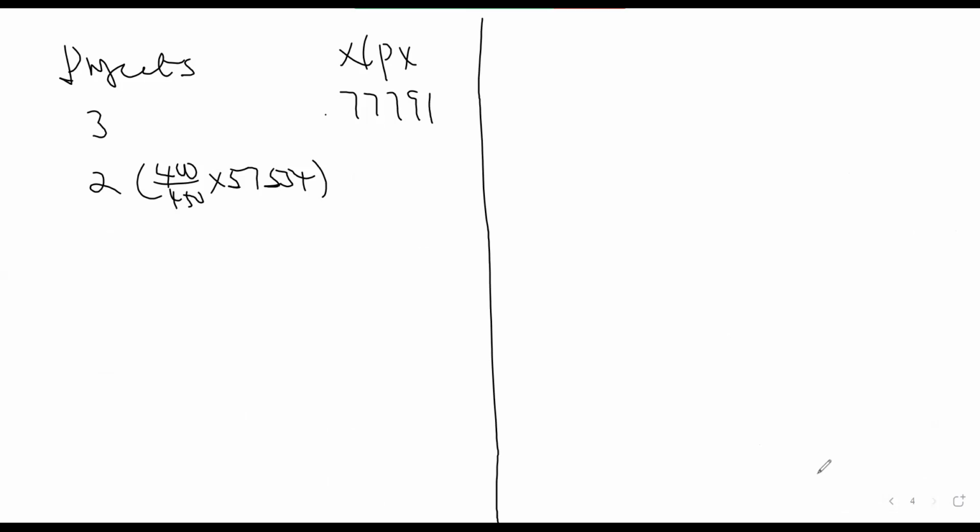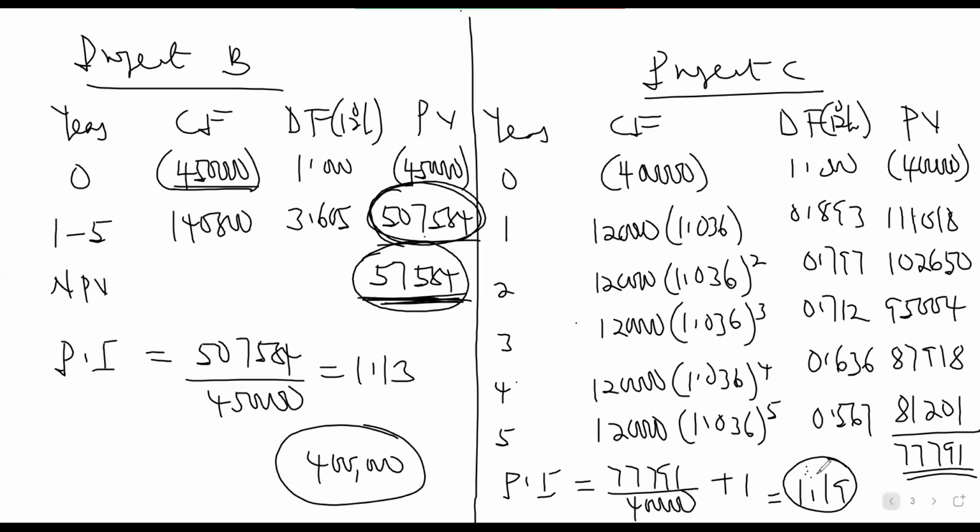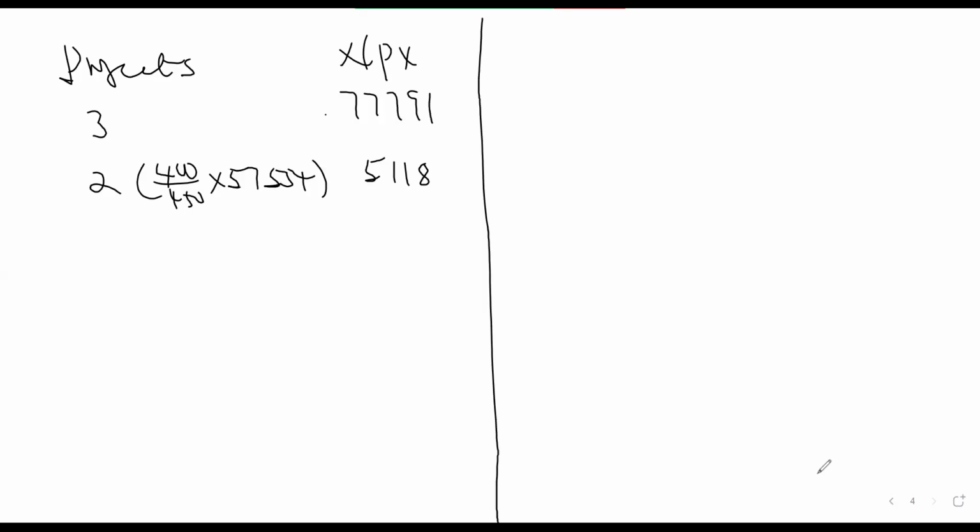What will be the NPV that we'll be getting? This is 511, the NPV for the 57584, isn't it?